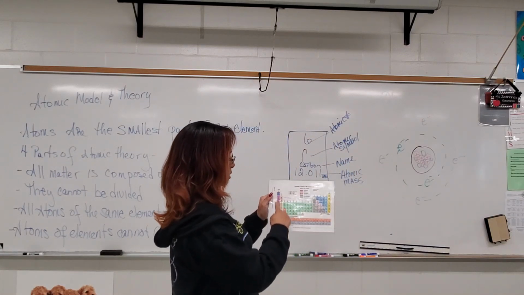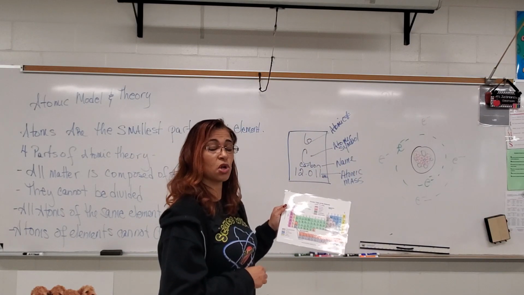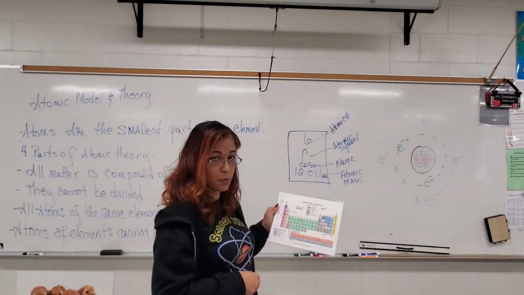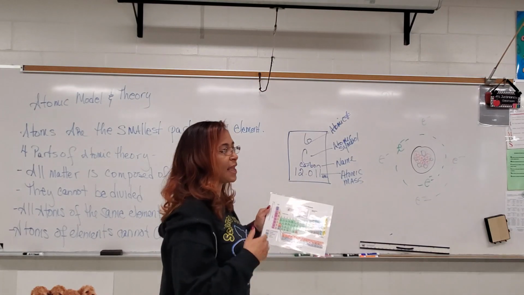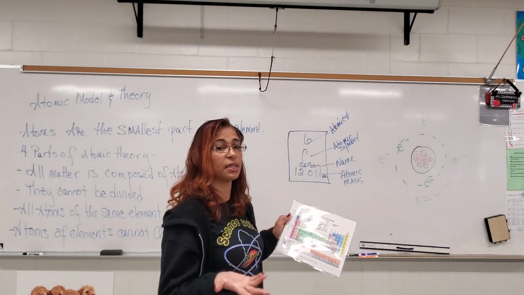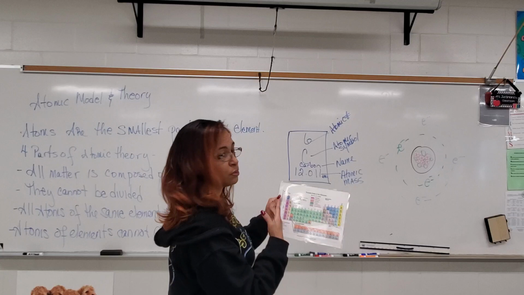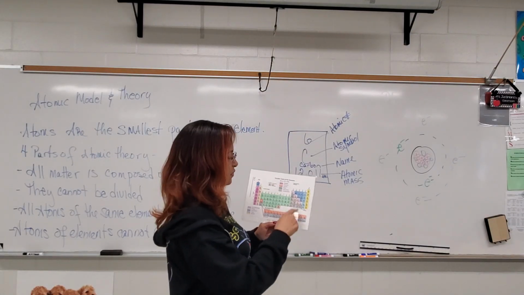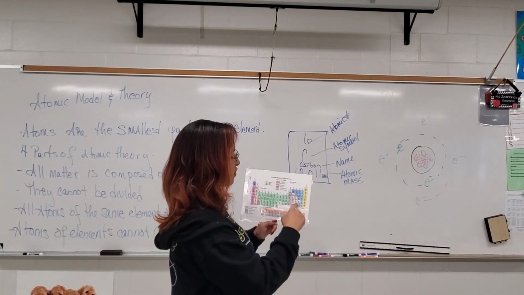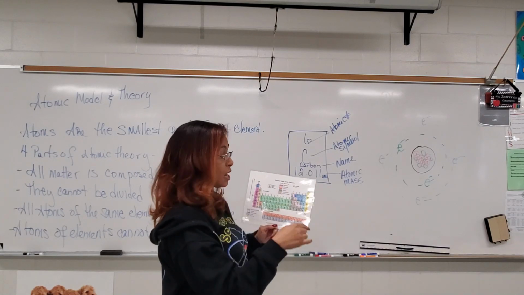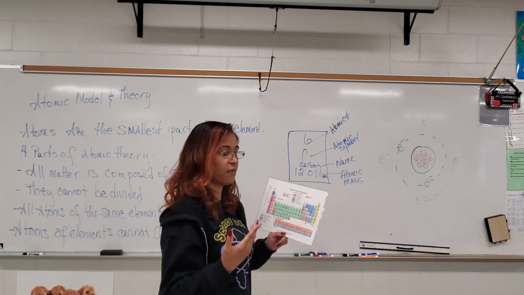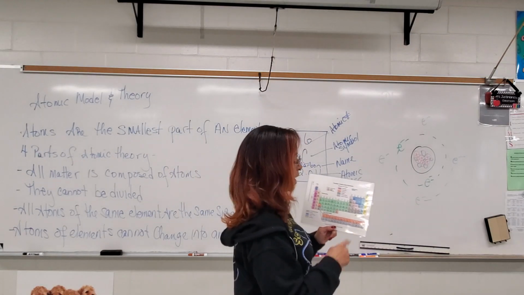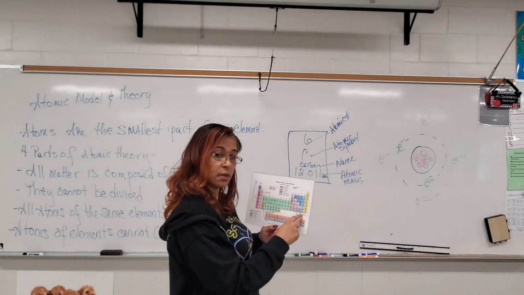But elements are grouped together based on having very similar properties. So all of group 1, for example, which are the alkali metals, they all have very similar properties. They're highly reactive. Group 2, very similar properties. They're also very reactive. And then group 3, 4, 5, 6, 7. Now group 7 also is very, very reactive. You have the halogens, which is group 7, okay?